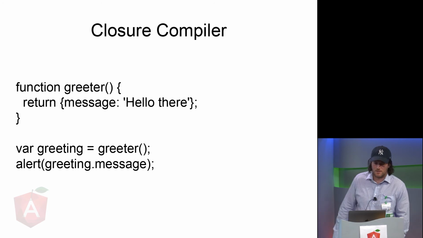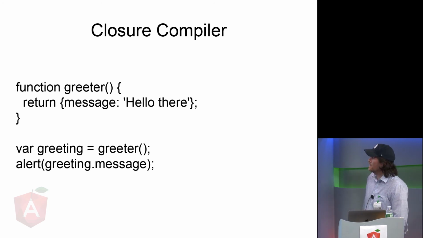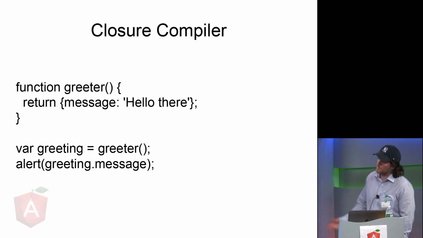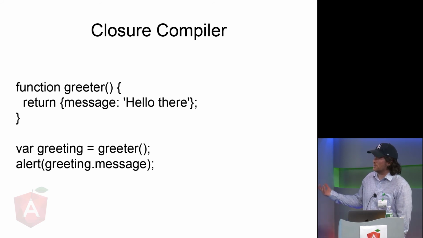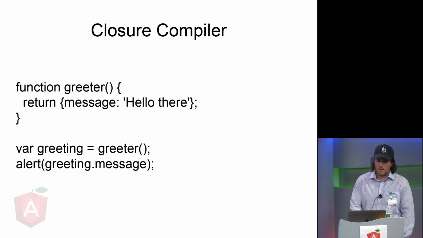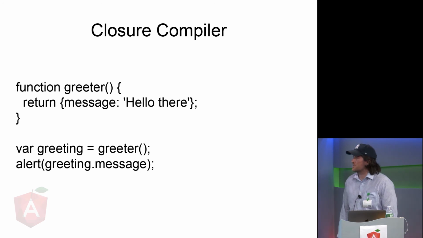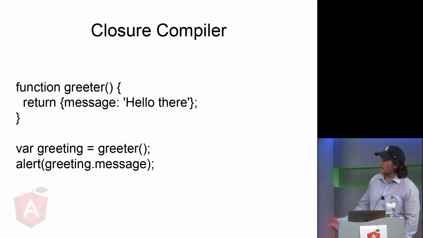So let's take this simple function here, or application, or whatever. It returns a message in a property, and then you call that method and you alert the message. So you expect to see a pop-up that says just hello there.